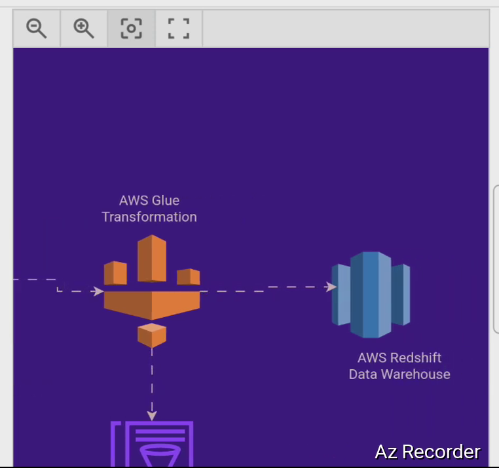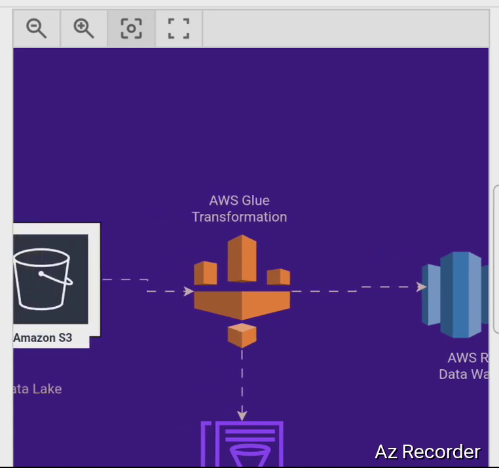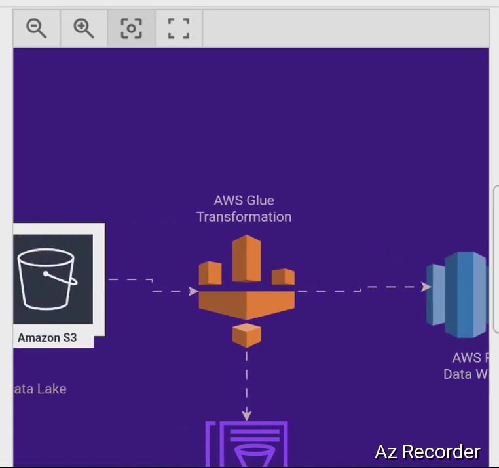Furthermore, once you have done your data cataloging, you would want to do analytics on top of that. The analytics can be done in combination with tools like Amazon Athena or AWS QuickSight. Amazon Athena provides a serverless interactive query service.